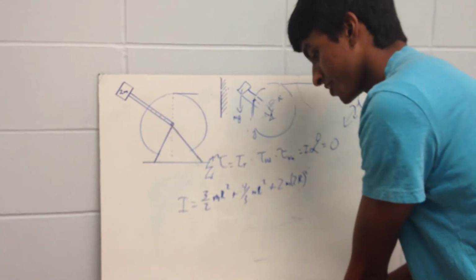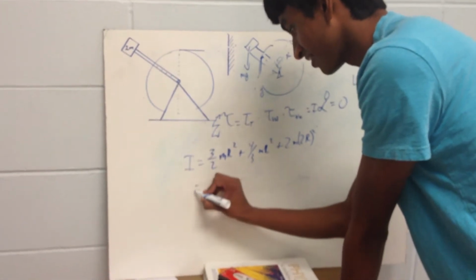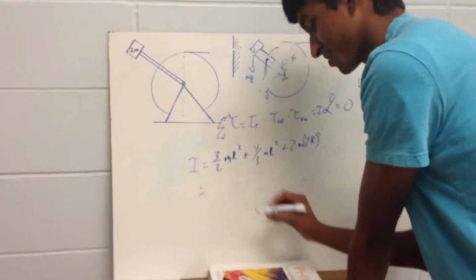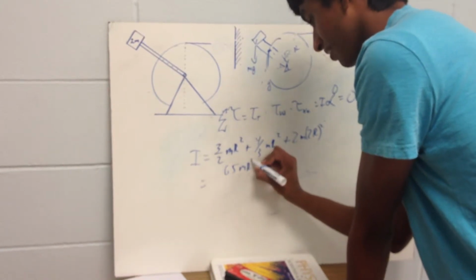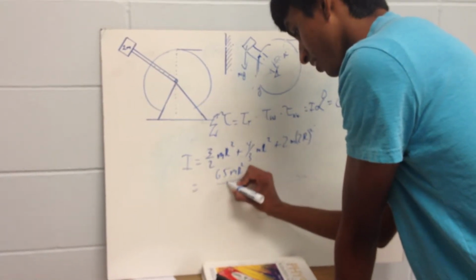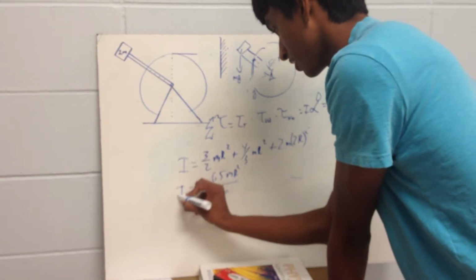So if you put everything over a common denominator and solve for the moment of inertia, you're going to end up getting 65 mr squared over 6 equals the moment of inertia.